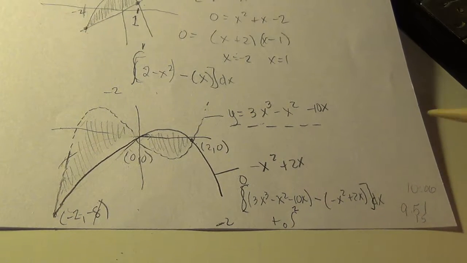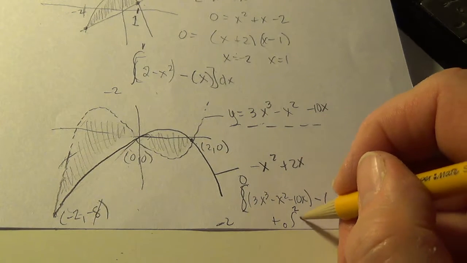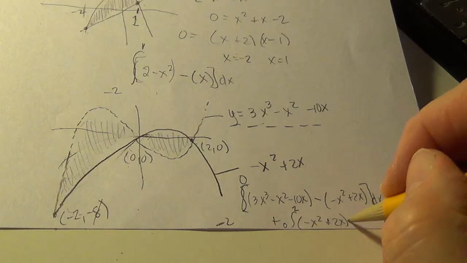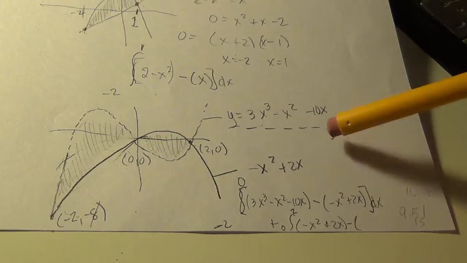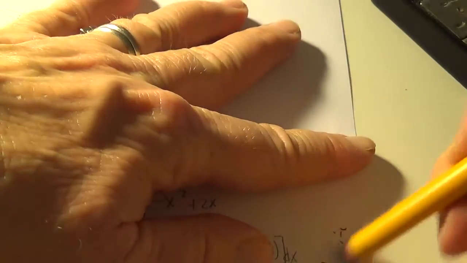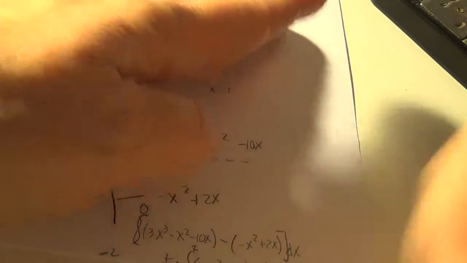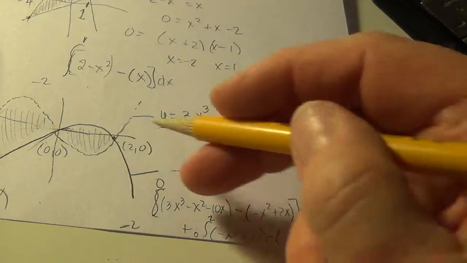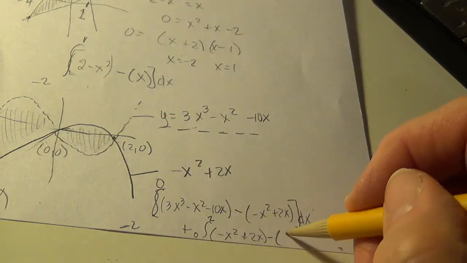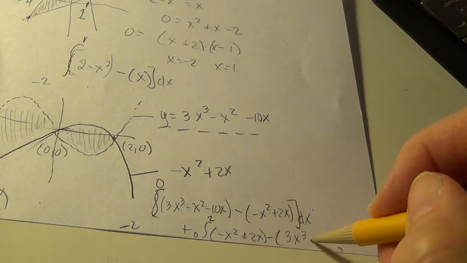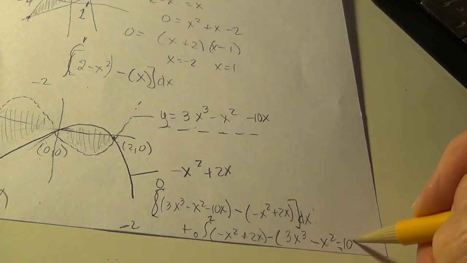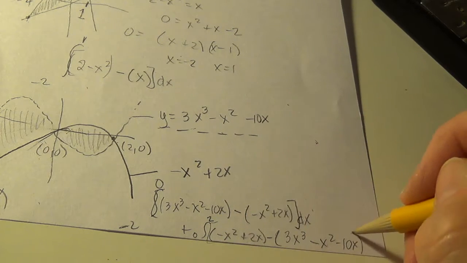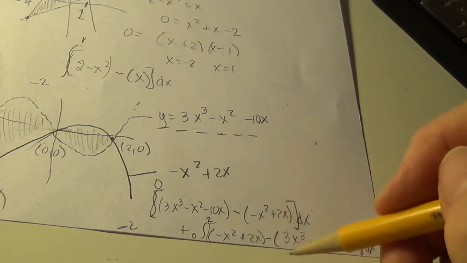The upper curve this time is the minus x squared plus 2x, minus the lower curve, and this time it's this dashed one, 3x cubed minus x squared minus 10x, and all that, the integral dx. So that will give you that.